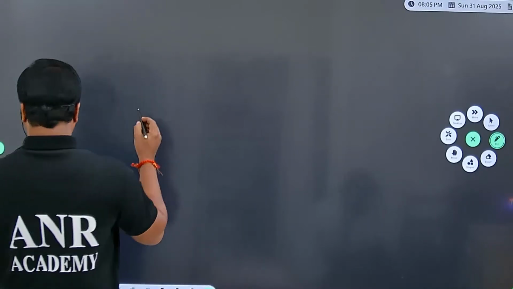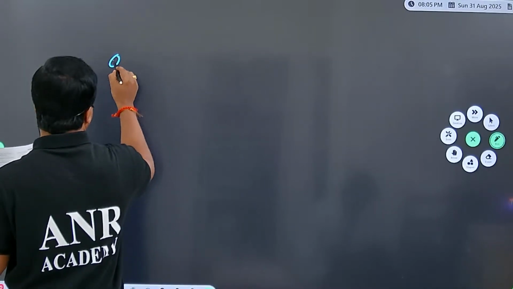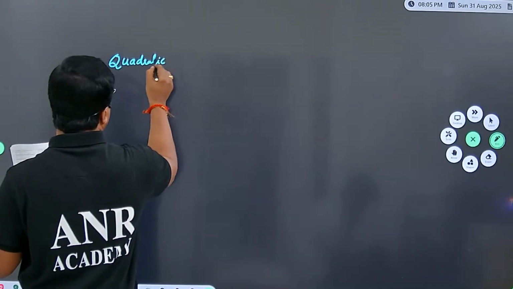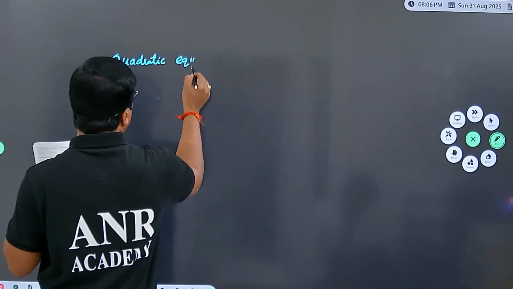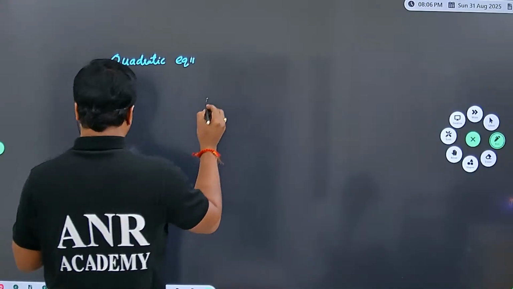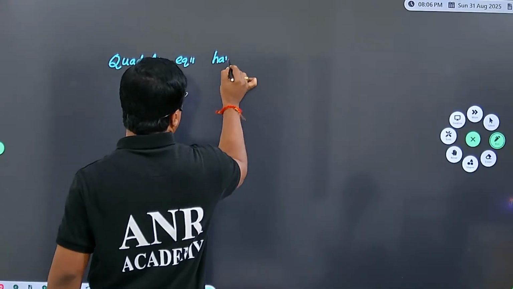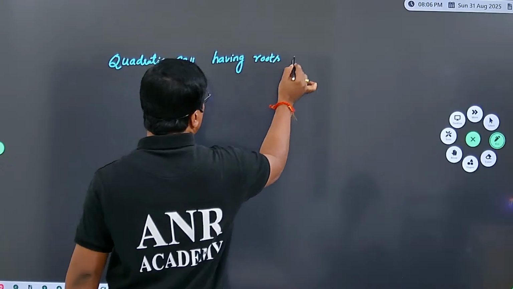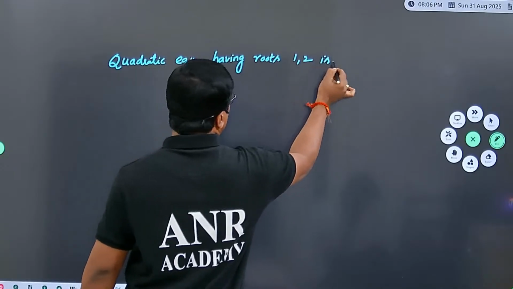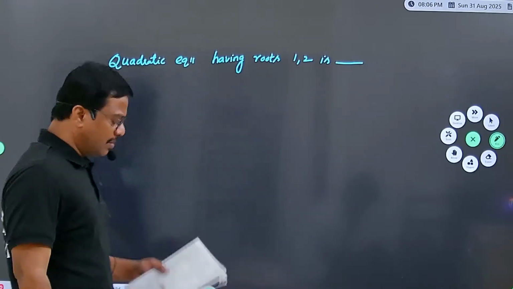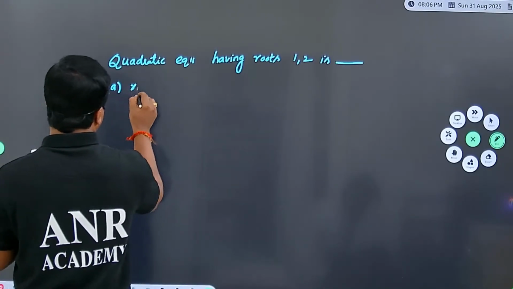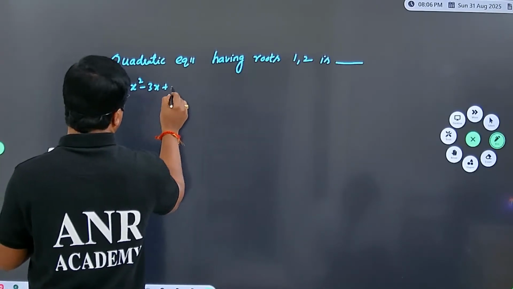The question is the same model again. Quadratic equation having roots 1 comma 2. This one is the question, and options are given. First option x square minus 3x plus 2 equal to 0.